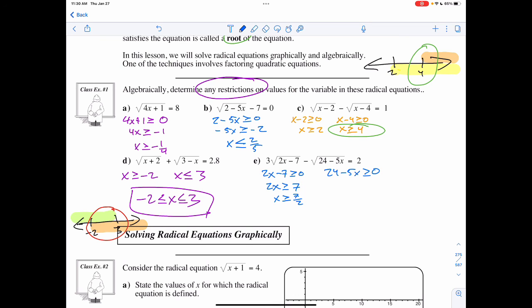And here I have negative 5x is greater than or equal to negative 24, or x is less than or equal to 24 over 5.